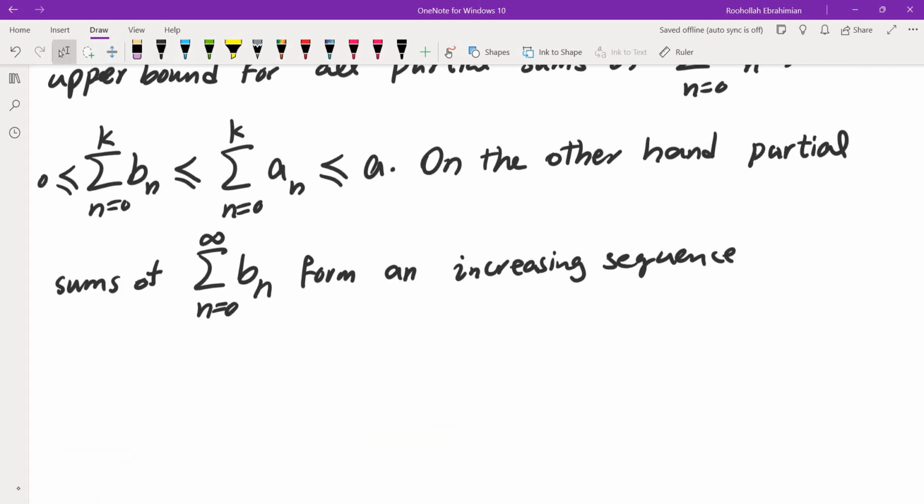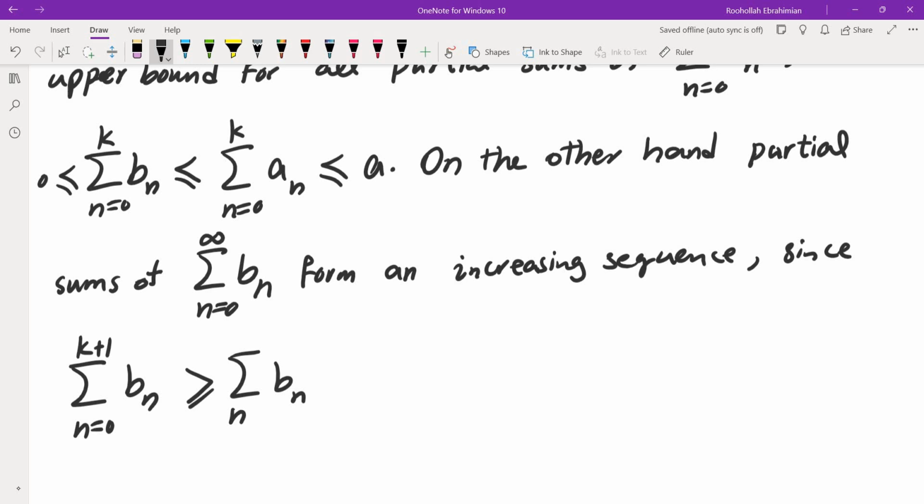Because if you look at the sum of b_n from n equals 0 to k plus 1, this is greater than or equal to the sum of b_n from n equals 0 to k, since b_(k+1) is greater than or equal to 0.